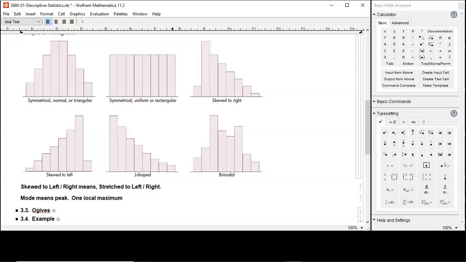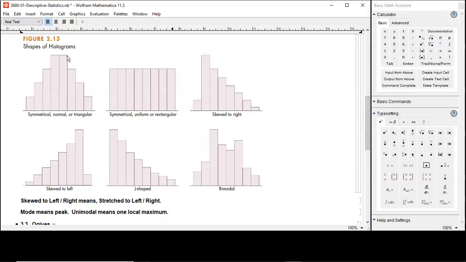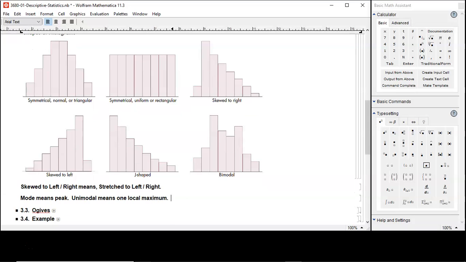So if there's only one local maximum, we call it unimodal. So here's a local maximum, local maximum, local maximum, local maximum. But here I have two local maxima. One here, and then maybe a little bit smaller, but here as well. This one looks like the absolute maximum, and this one is not the absolute maximum, but still two local maxima.